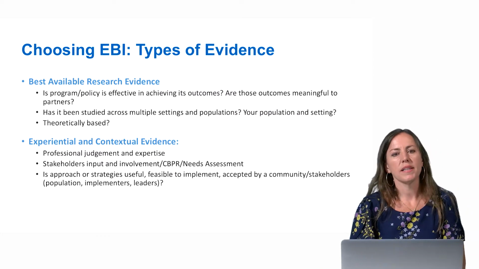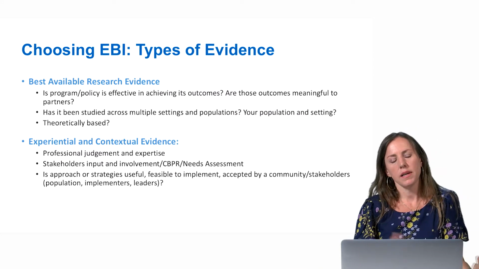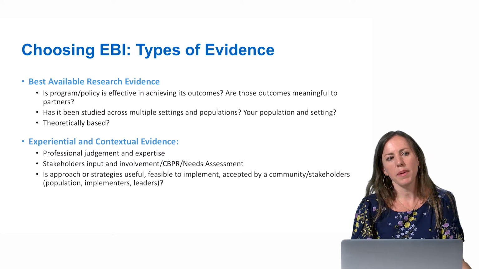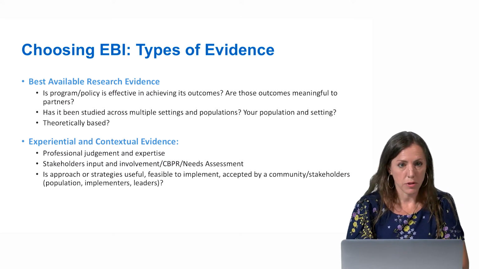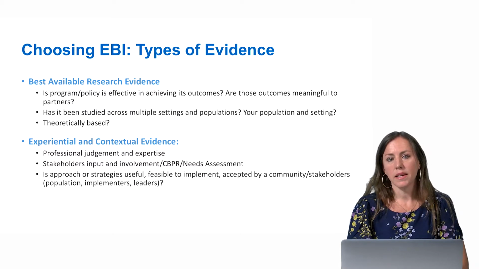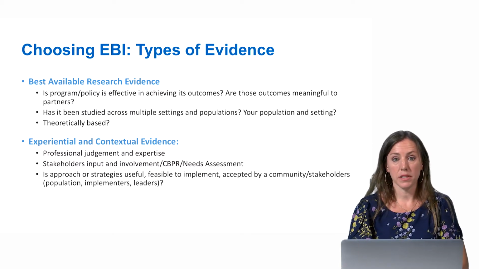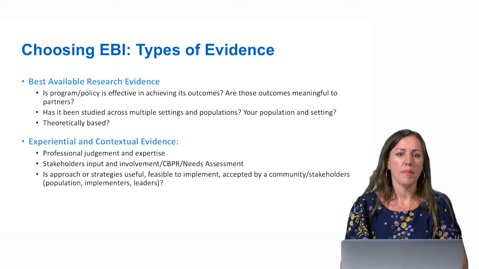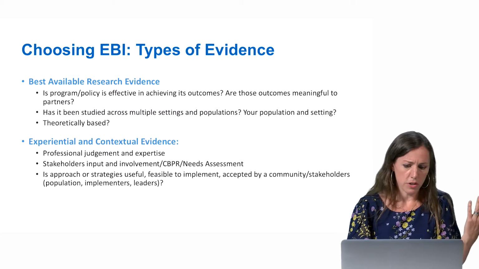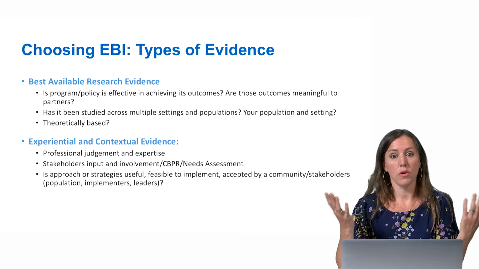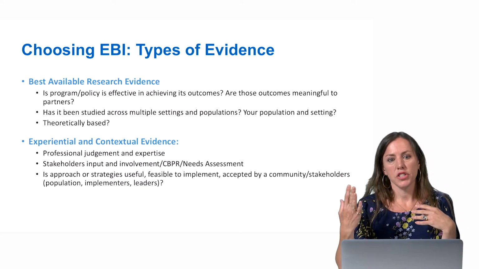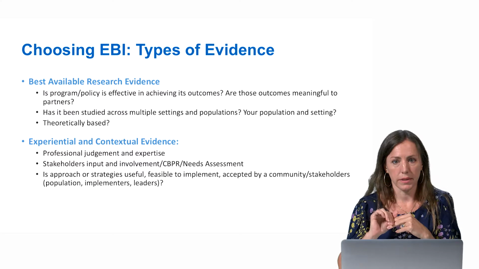So again, as we talked about, it's not just about the research evidence and looking at outcomes, but thinking about what are the outcomes that there's evidence for, are they actually meaningful to partners? Has it been studied again across multiple settings and populations that reflect your setting? And again, also bringing in your own professional judgment and expertise. Involving community input, their own prioritization and input on this is really, really critical.